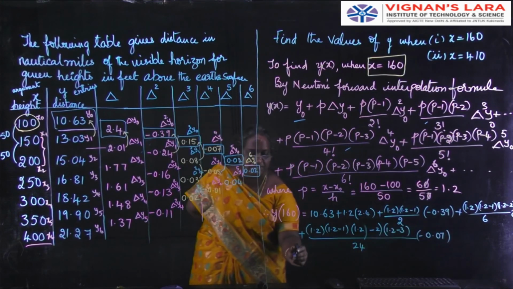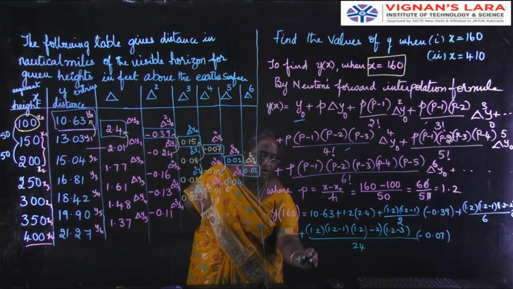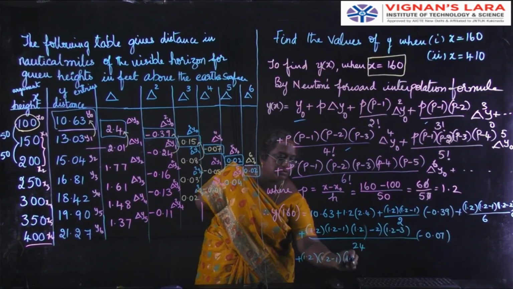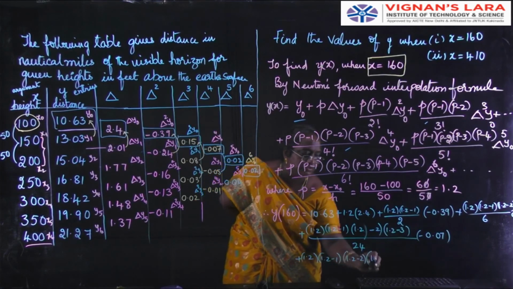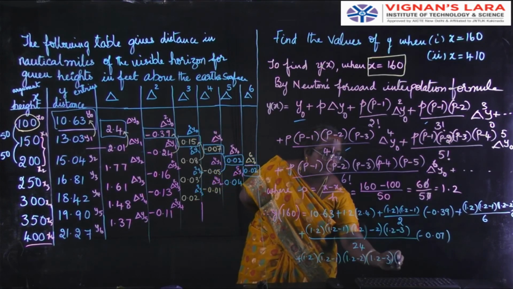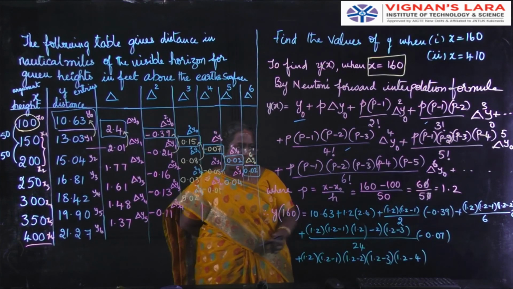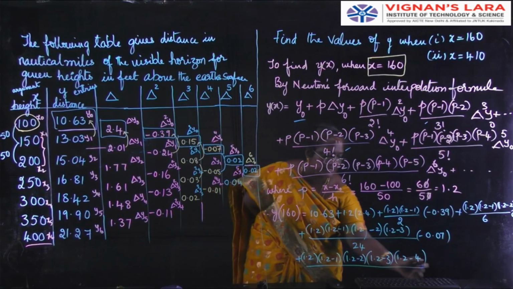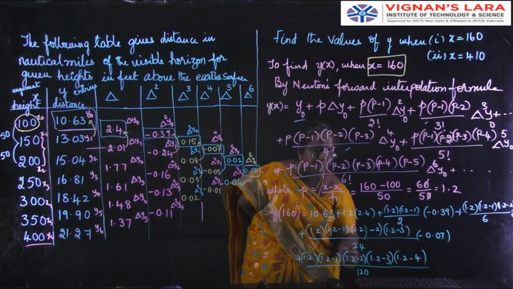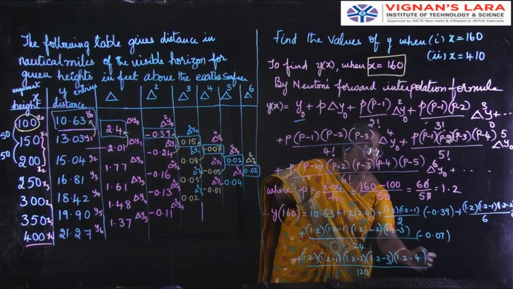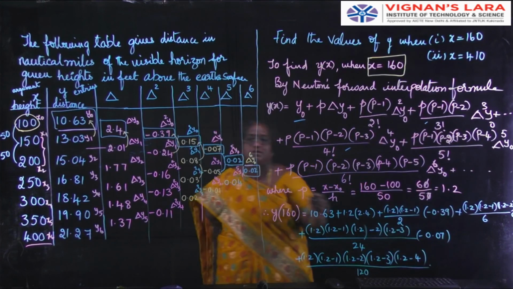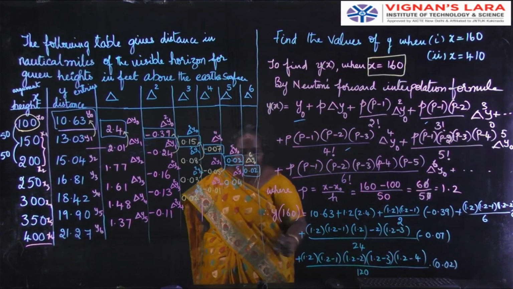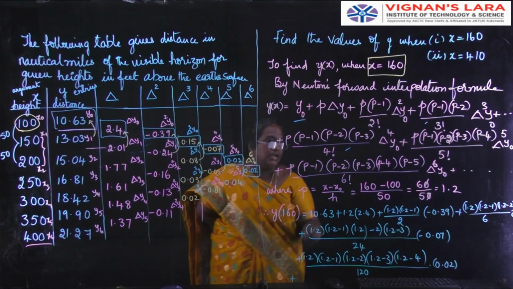Plus next term, 1.2 into 1.2 minus 1 into 1.2 minus 2 into 1.2 minus 3 into 1.2 minus 4 by 5 factorial, which is 120, into del power 5 y naught, which is 0.02, plus the last term here.